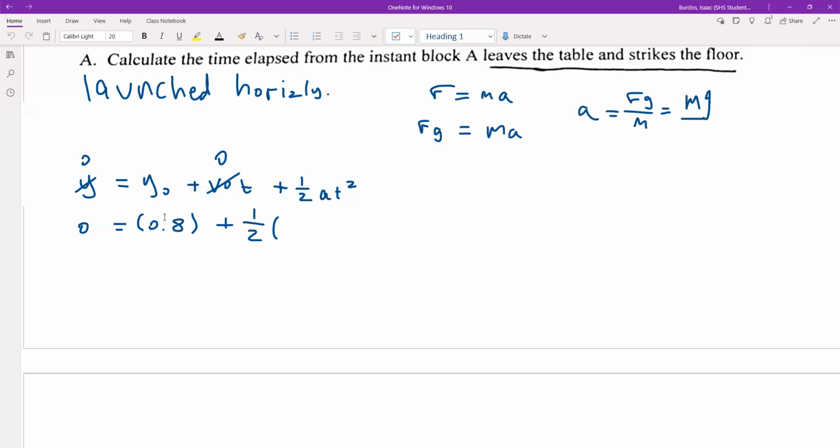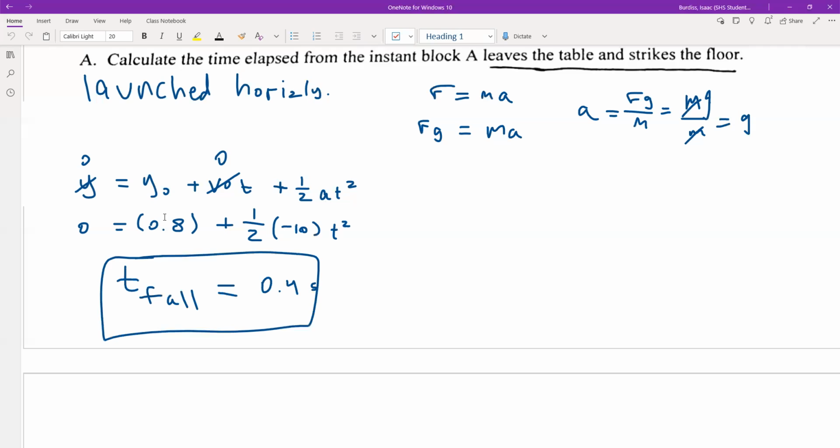So we cross out the m's and it's just g. So we can use -10. We have to use -10 in kinematics. And then t squared. Then we would find out that the time for when it fell was 0.4 seconds.